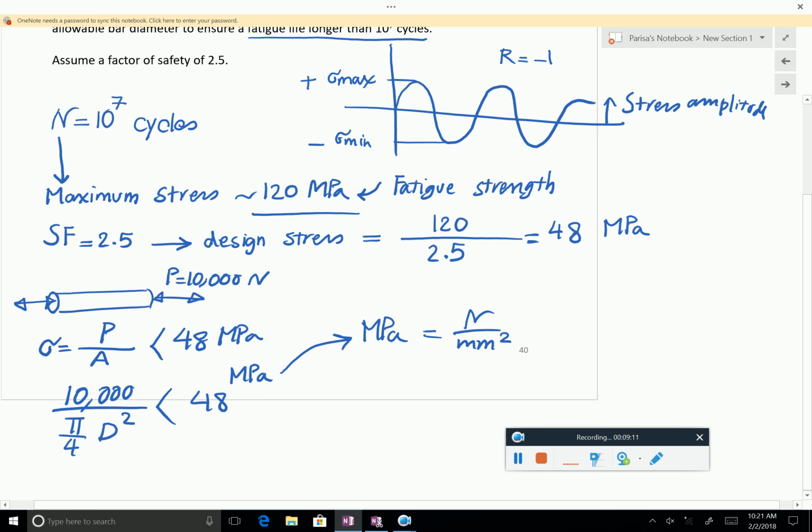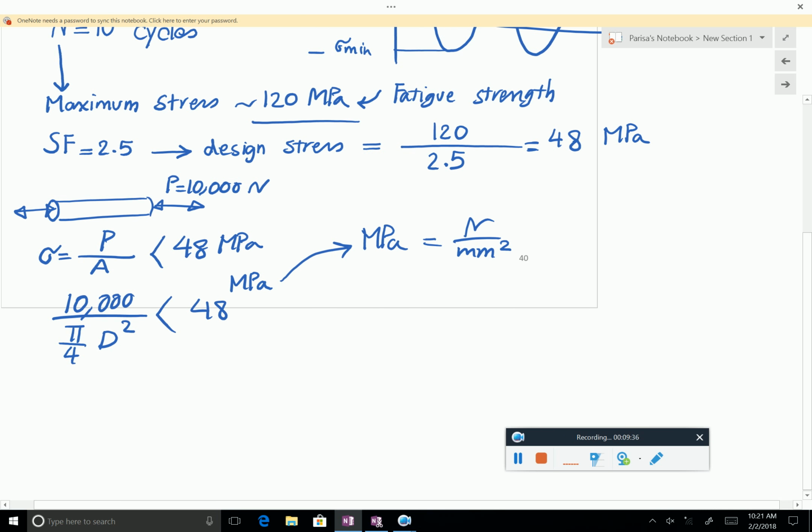This is useful, because if you have the load in newtons and you have megapascal, then when you calculate the diameter, it will all be okay, and it will be in terms of millimeters. Does it make sense? It's useful to remember that these are the same thing.